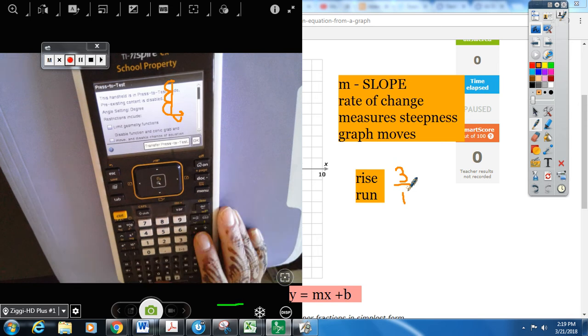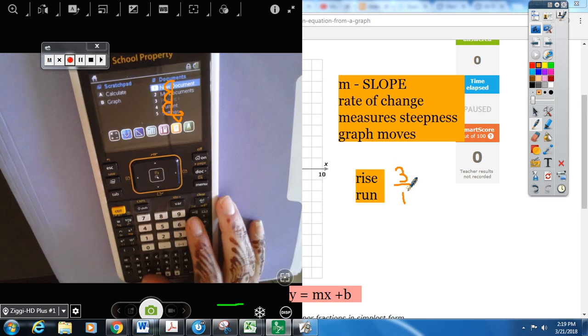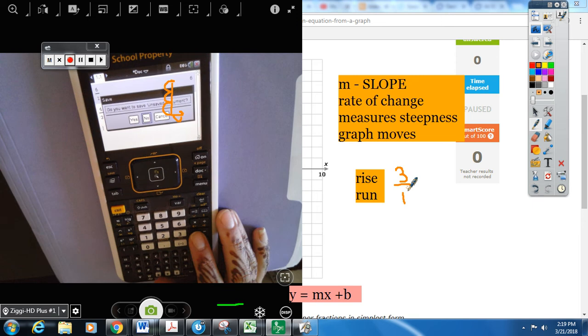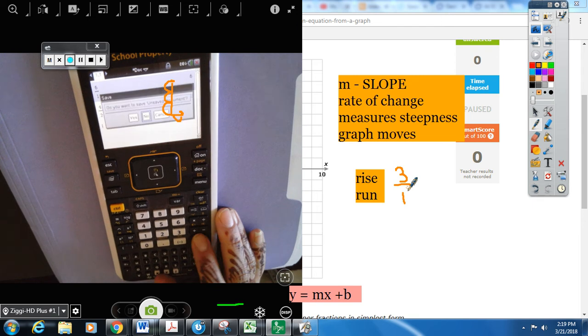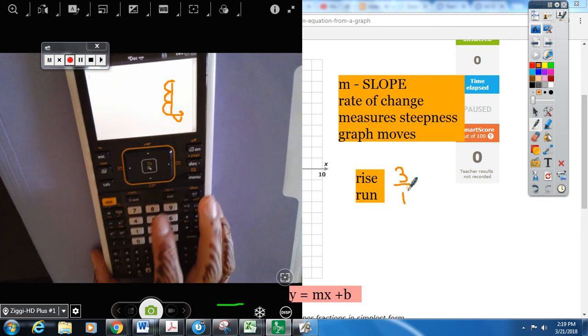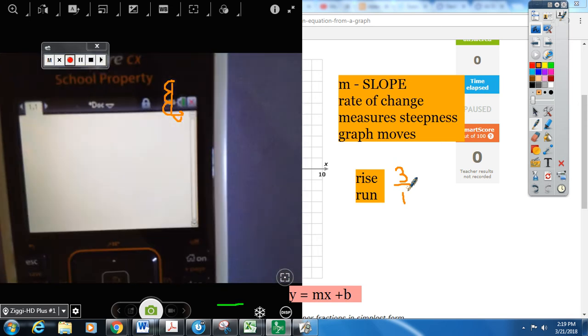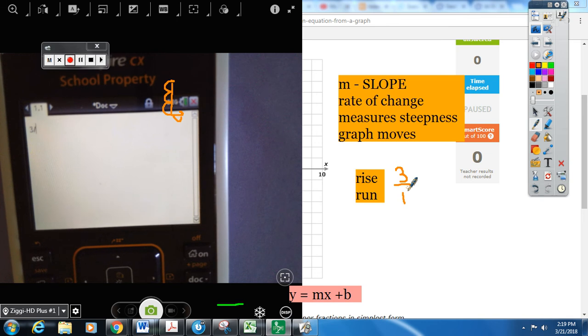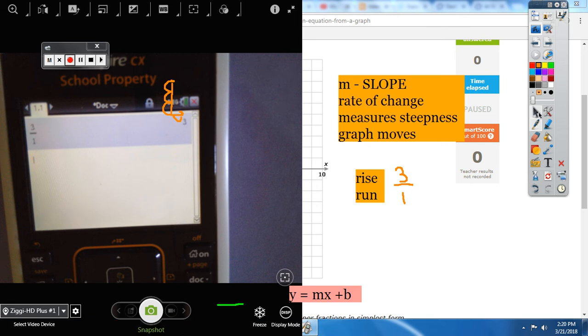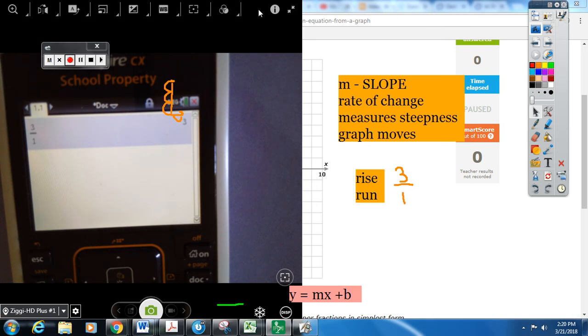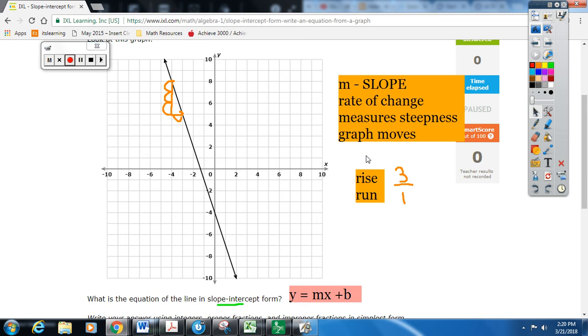New document, add calculator. I type in 3 divided by 1, which gives me 3. So I'm going to use 3 as my slope, because on IXL they want you to be really specific with that. It's the same thing as saying 3.